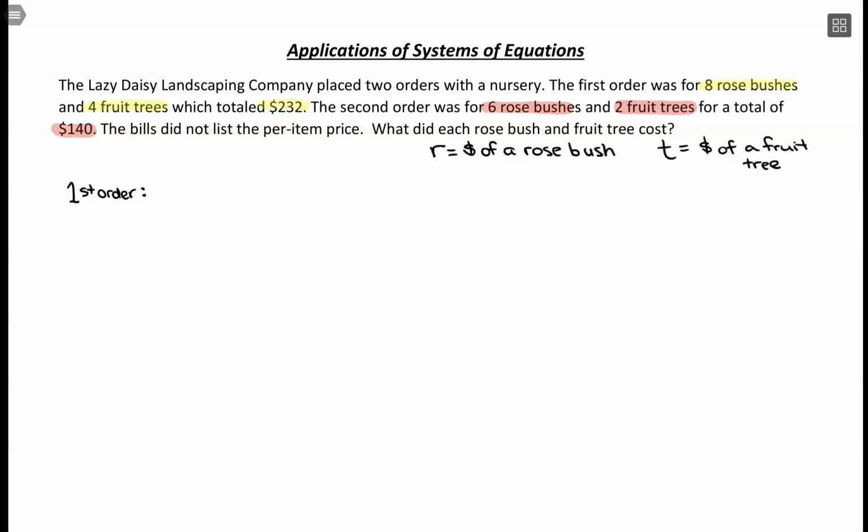So what I want to do is take 8 times the cost of each rose bush plus 4 times the cost of each fruit tree. And for our first order, that came out to $232. For the second order, we have a similar scenario, but just different numbers.